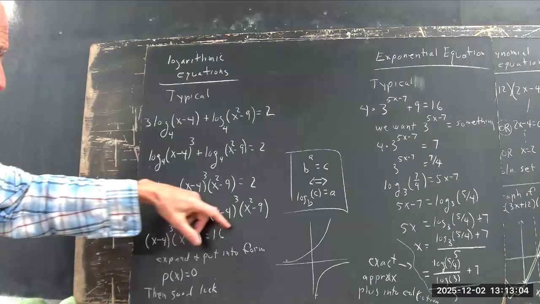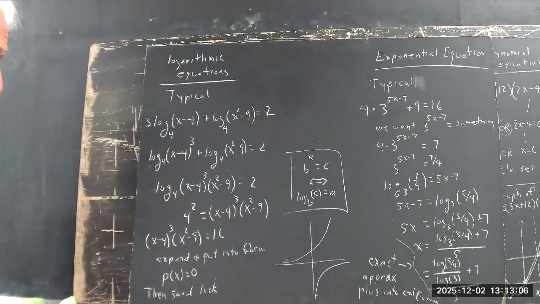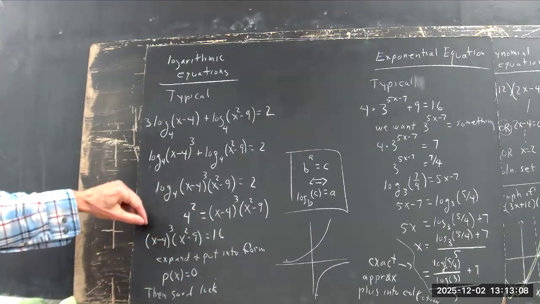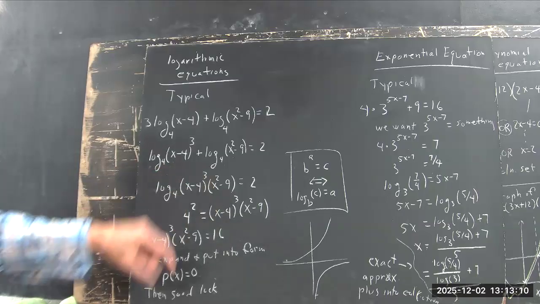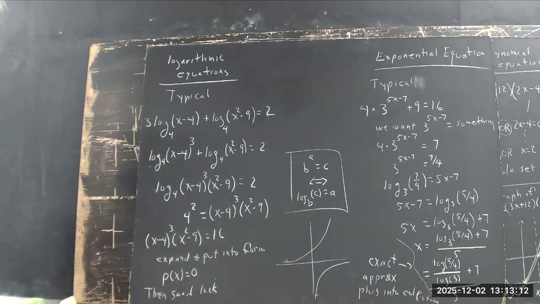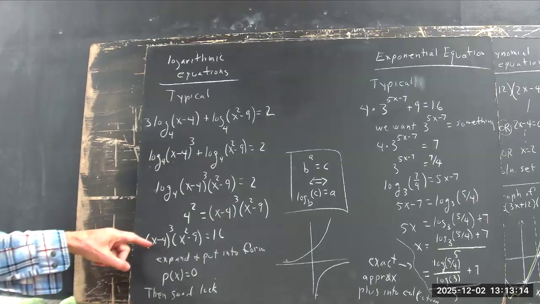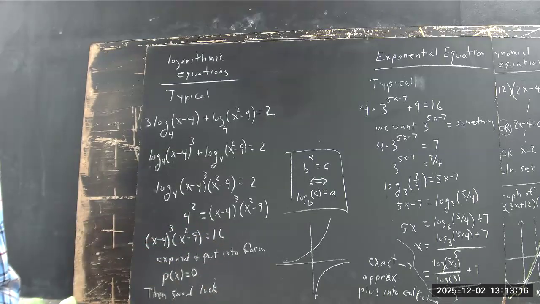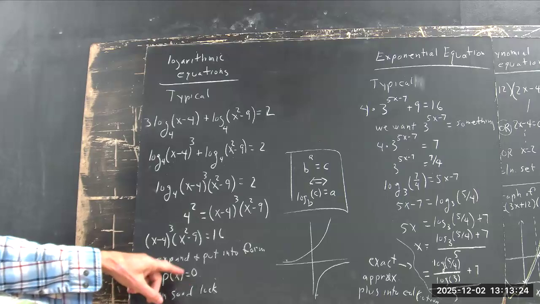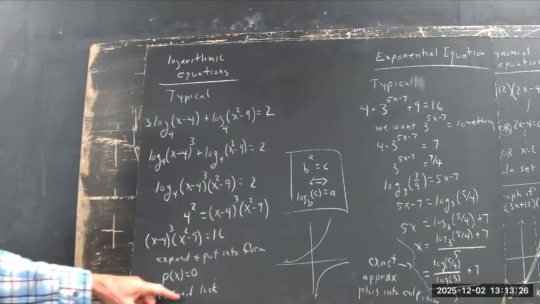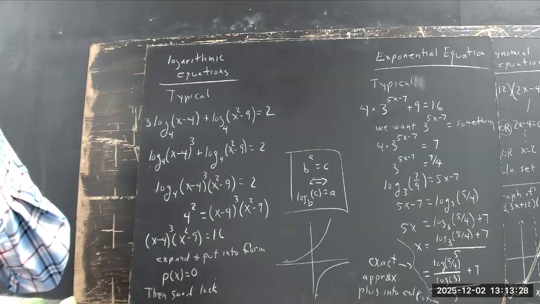Flip sides, so the x's are on the left, we get this. Then we would expand this and put it into the form p of x equals 0. It's going to be a 5th degree polynomial, and you're not likely to find zeros unless I contrive it. So I say, put it into this form p of x equals 0, then good luck. Yeah, on this equation.